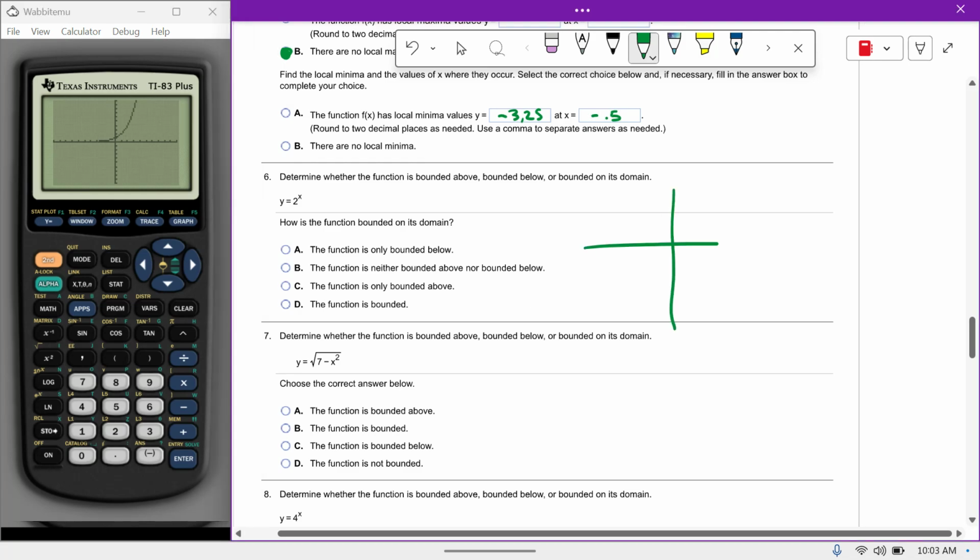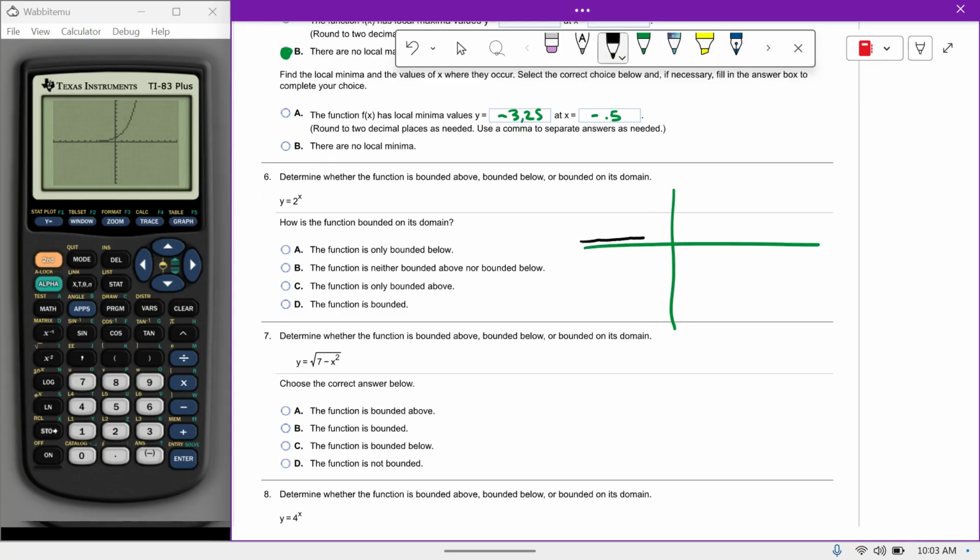It's a graph that has an x asymptote, and then it goes up like this. It's unbounded going up. It goes up forever. It goes to the left forever. Does it go down forever? No. So it is unbounded going up, so it is only bounded below.